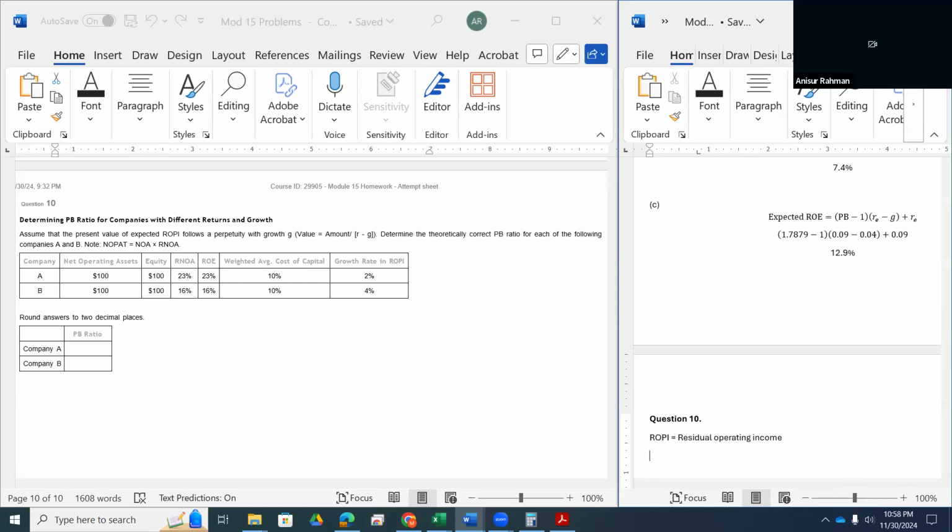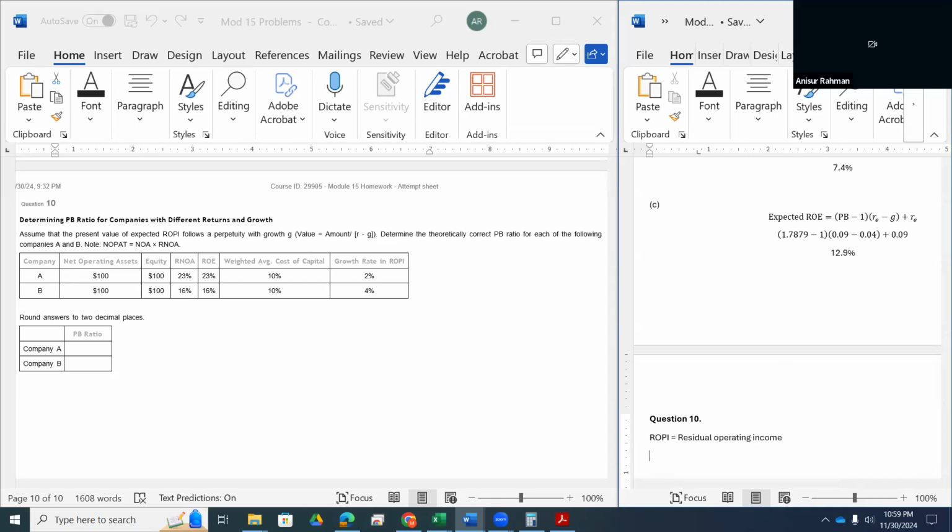So that means it grows at a constant rate forever with growth in G. And it's telling us value is equal to amount over R minus G. R is the discount rate. Determine the theoretically correct PB ratio for each of the following companies. And we also need to know NOPAT is equal to net operating assets times the return on net operating assets.